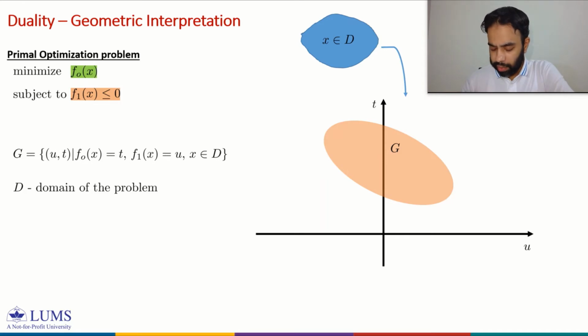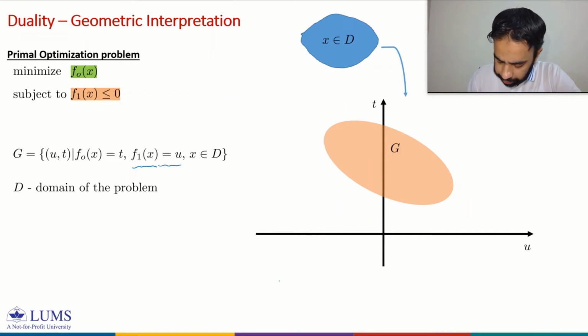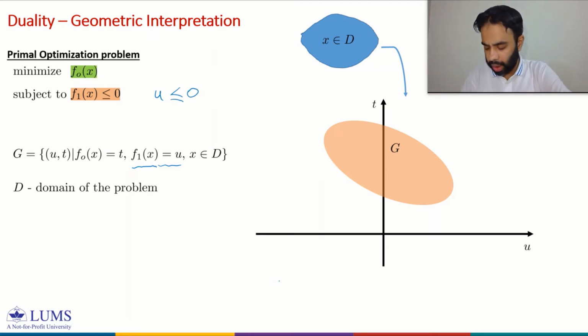If you see, we have substituted f1 of x as u, and in the primal problem we require f1 of x to be less than or equal to 0, or u less than or equal to 0. So we are interested in the points where u is less than or equal to 0.